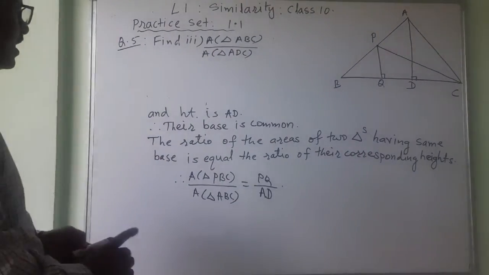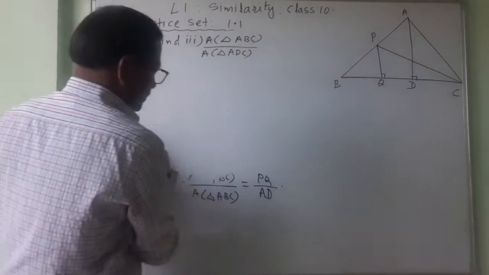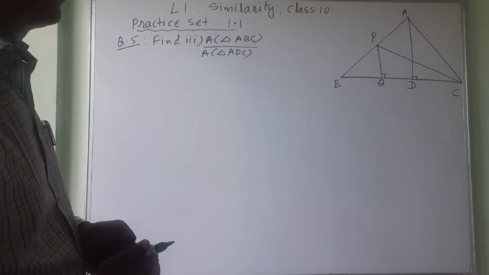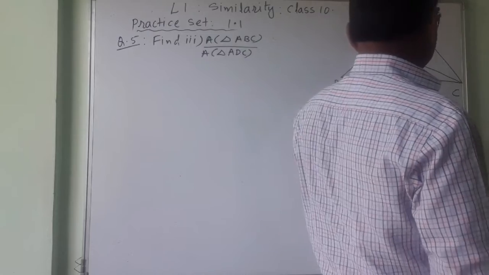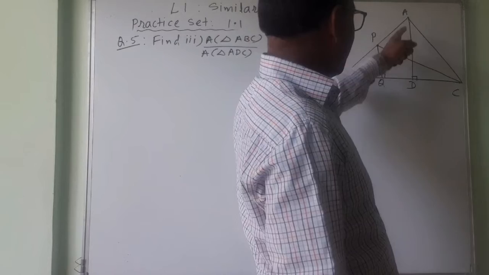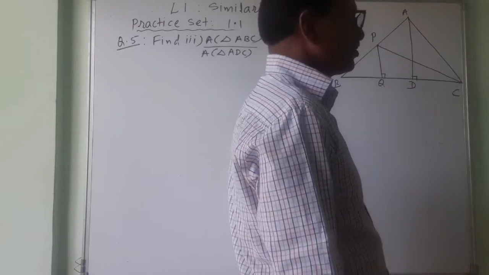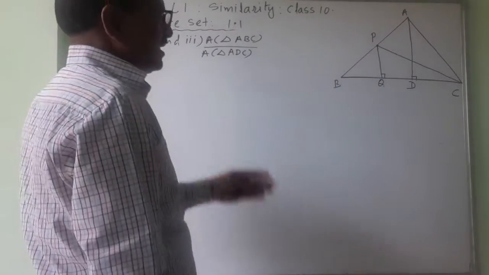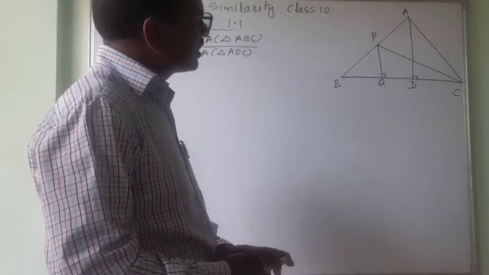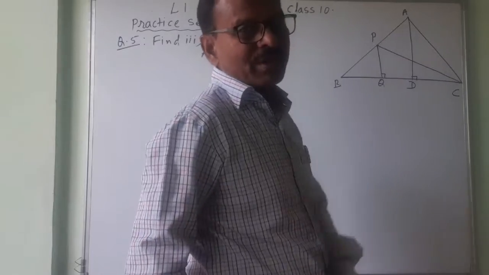Now for these two triangles, we have to find the base and the height. ABC base I know. ABC base is BC. AD is the height. In triangle ADC, AD is the height and DC is the base. So the ratio would be the same way as what I discussed in the two sums. I am leaving it for you to do because the video is becoming very lengthy.